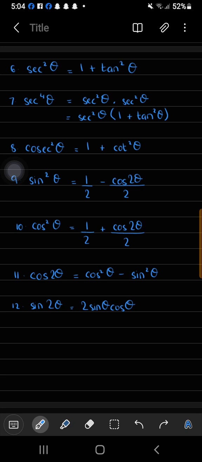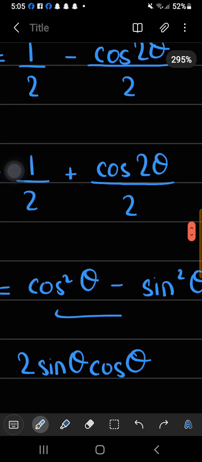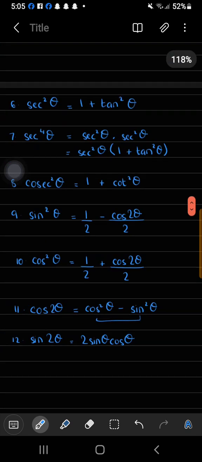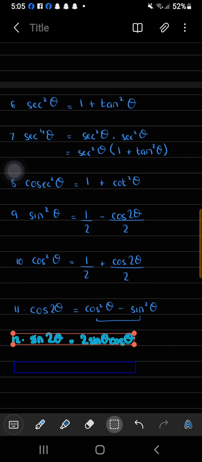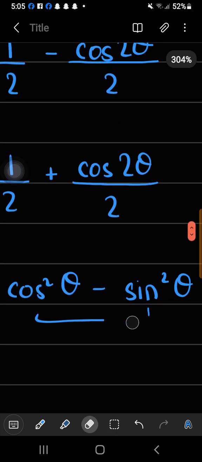Okay, so let's move ahead. I want to switch cos 2 theta with something I can work on more. So cos 2 theta is cos square theta minus sin square theta.